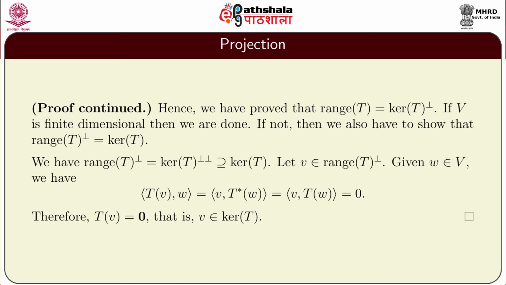Hence, we have proved that range of T is equal to kernel T perp. Now, if V is finite dimensional, then we are done, because automatically then range of T perp would be equal to kernel of T. If not, then we also have to show that range of T perp is equal to kernel of T.